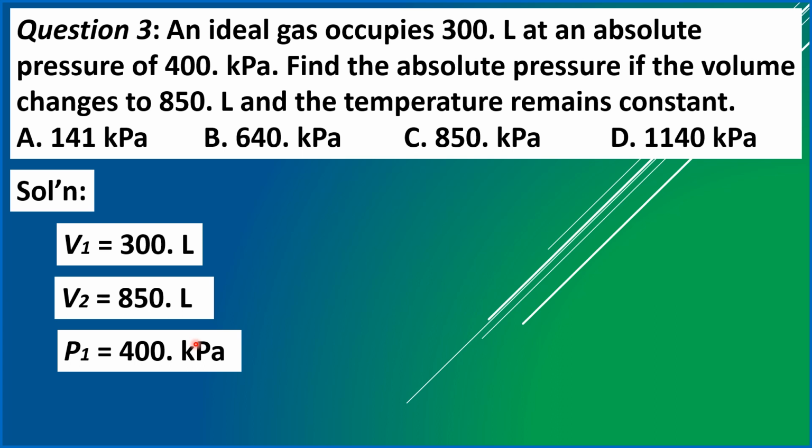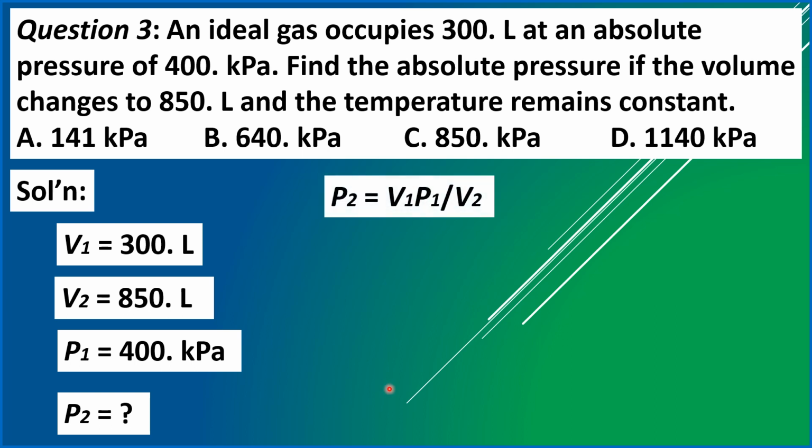We're also given the absolute pressure, P1, equal to 400 kilopascal with three significant figures. And we're asked to find the final absolute pressure, P2.